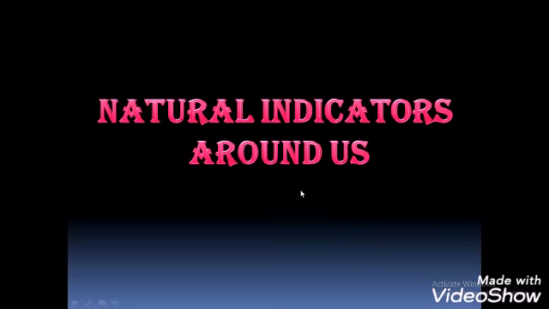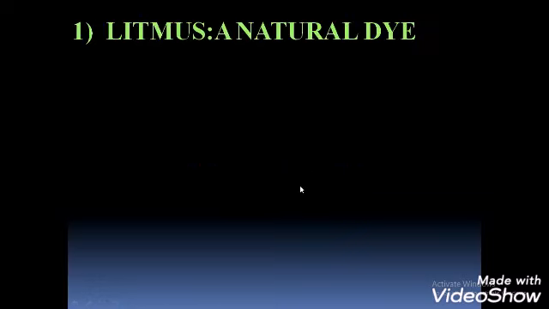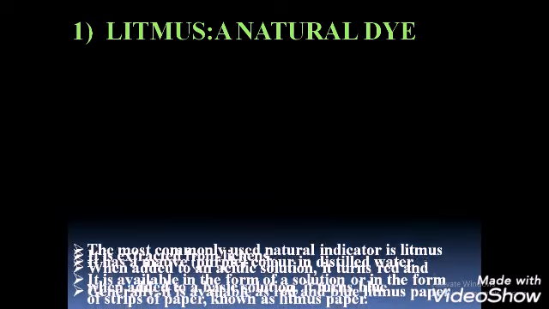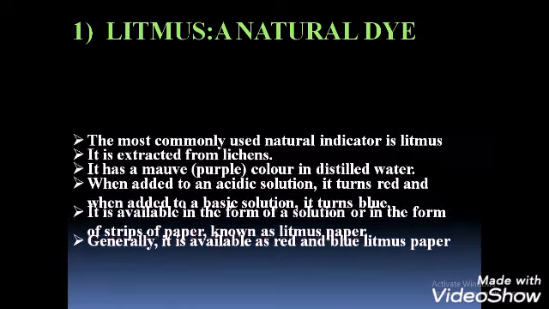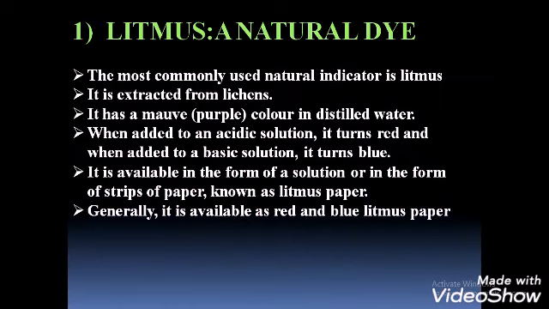First one, litmus, a natural dye. What is litmus? The most commonly used natural indicator is litmus. It is extracted from lichens. It has a mauve or purple color in distilled water.